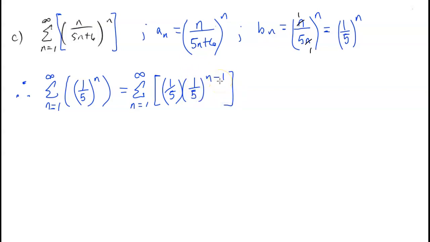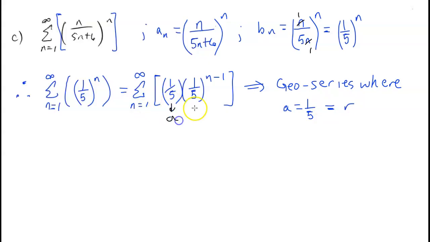Okay, and so we know this is a geometric series where our a is going to be 1/5, and our r is also going to be the same thing in this case. Okay, we know that because this is where our a is, that is where our r is. Okay.